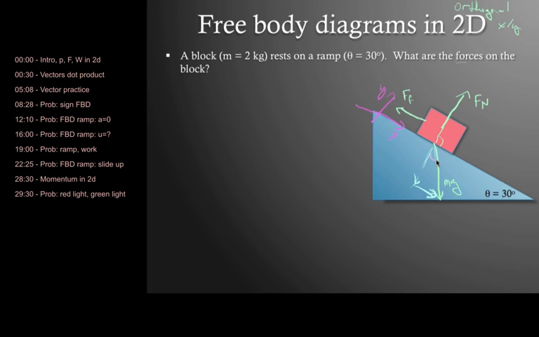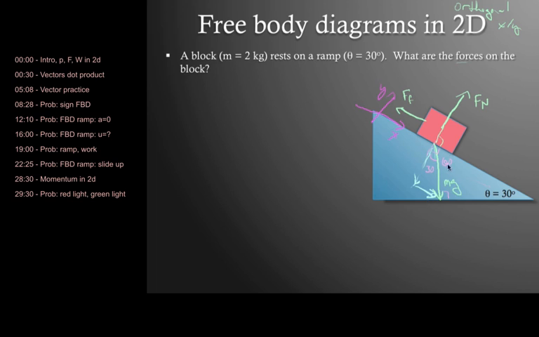So I need to know what this angle is. Gravity is straight down, this is 90 degrees, so this angle up here has to be 60. This angle right here has to be 90 degrees, so then this is 30. So this angle is the same as this angle. Now I need to come up with what these two pieces are.